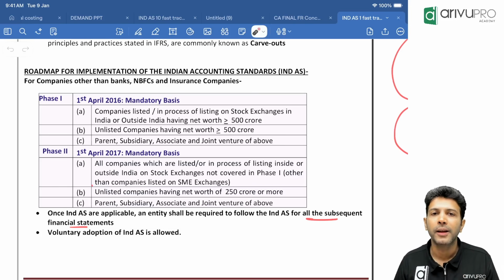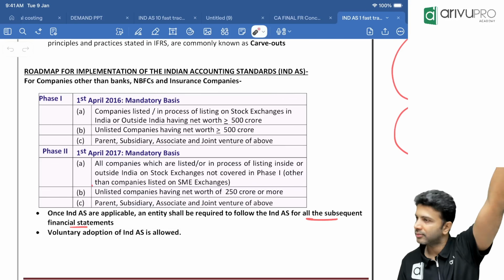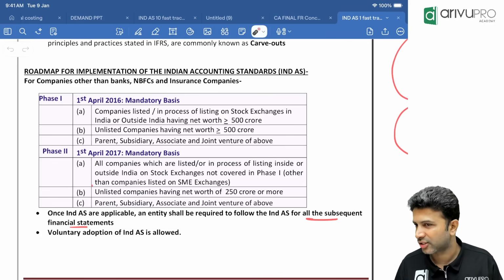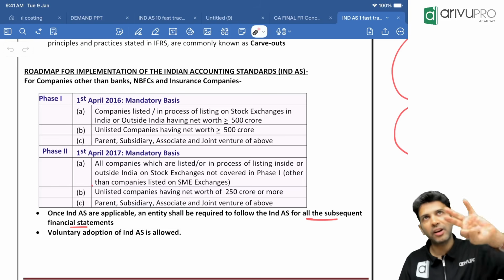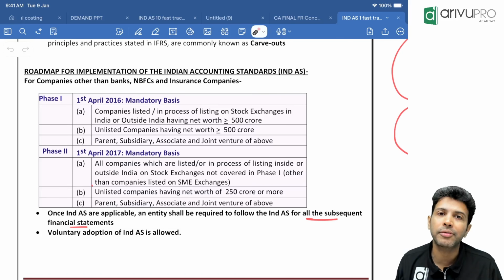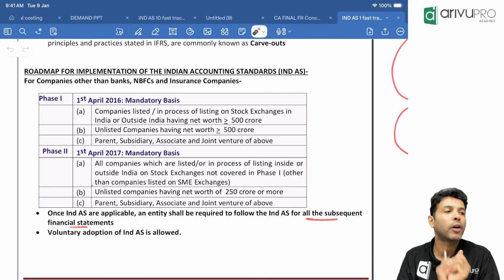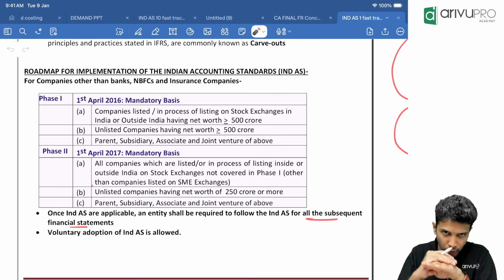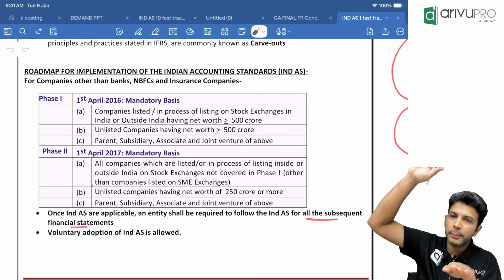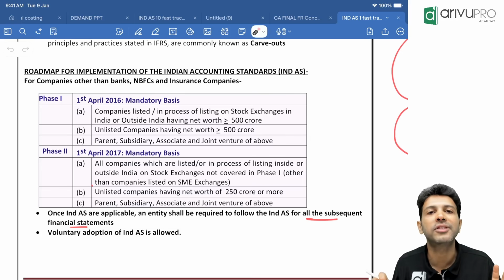If you are a listed company not covered under phase 1, you automatically get covered under phase 2. If you are an unlisted company not covered under phase 1, then if your net worth is half of the above limit, what is that half? 250. An unlisted company whose net worth is 250 crores or more but less than 500 will fall under phase 2. And if your company is applying Ind AS, then your parent, subsidiary, associate, and joint venture also have to compulsorily apply Ind AS.